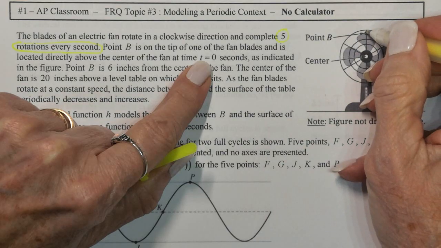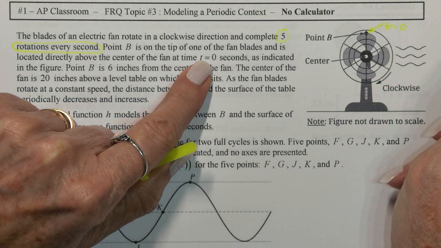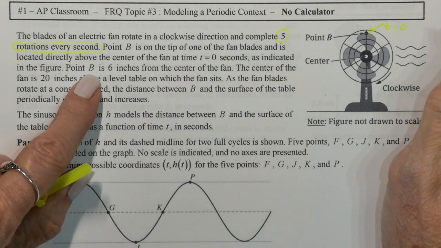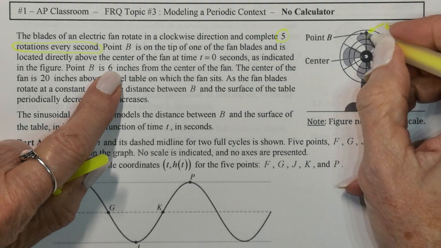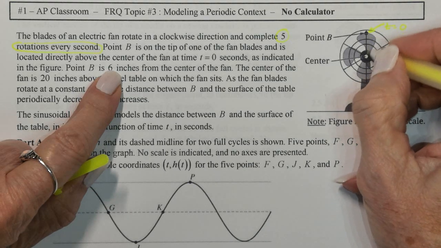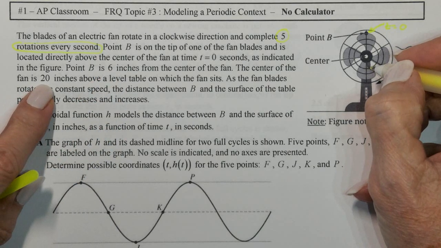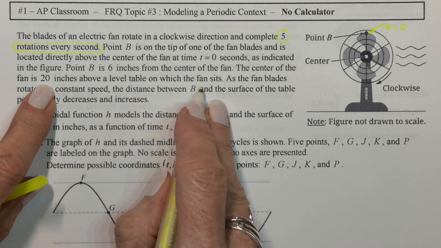So it is up here at time 0. Point B is 6 inches above the center of the fan, so the radius here is 6 inches. The center of the fan is 20 inches above a level table on which the fan sits.